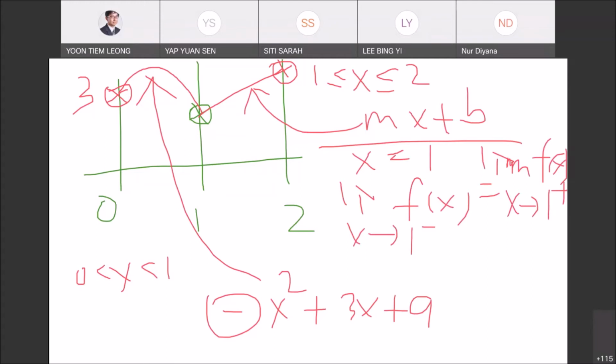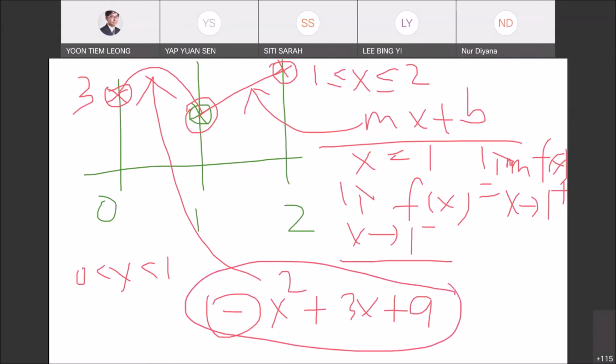Right, so this is the statement I will write down to connect the functions at the point x equals 1. When x goes to 1 from the left, it is referring to the behavior of this function. When x tends towards 1 plus, from the right, I am referring to the straight line.